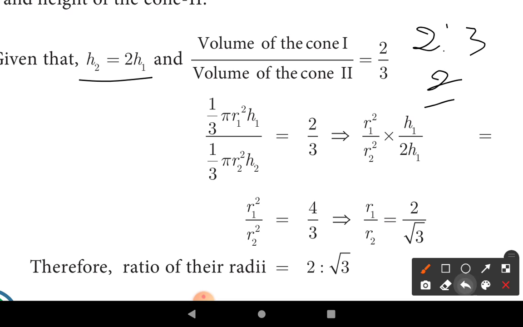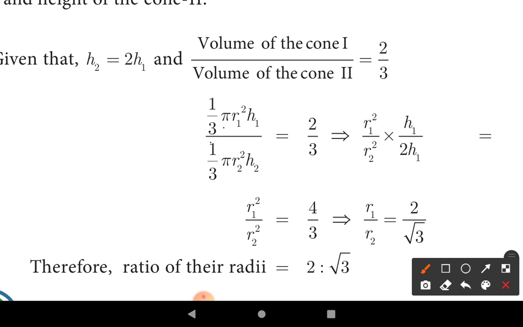Now volume of the first cone. We know volume of the cone is 1/3 pi r square h. Since we named them r1 and r2 and h1 and h2, we have to mention the same names. So 1/3 pi r1 square h1 divided by 1/3 pi r2 square h2.